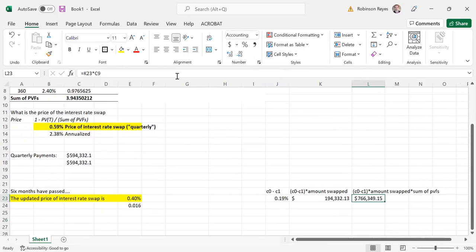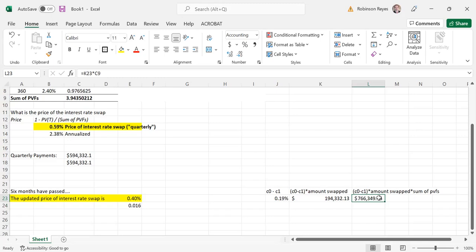766,349.15, which means, rather than multiplying this simply by 4, which is over the 4 quarters I'm going to receive these payments, I'm going to receive these payments 4 times, and therefore I'm going to end up with $777,000. We are only multiplying by 3.94 because these are the present value factors. So we acknowledge the discounting effect.